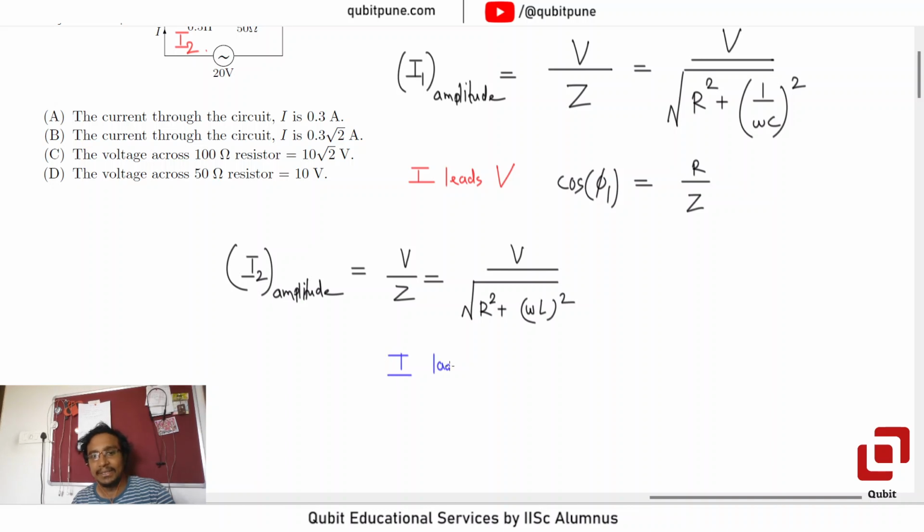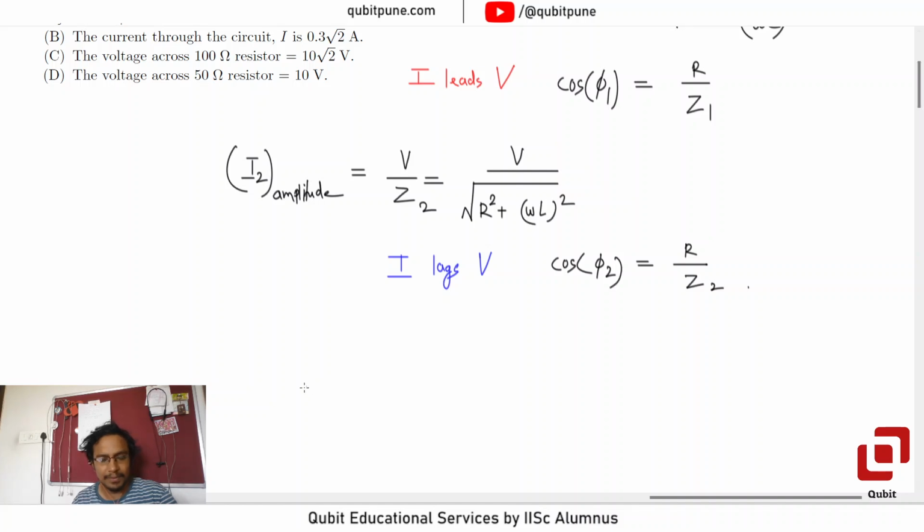So I lags V. I lags V by how much? Cos phi 2 equals R over Z. Let's call it Z1 rather. If we take the voltage phasor, then I2 lags by phi 2, and I1 will lead. So the angle between I1 and I2 is phi 1 plus phi 2.